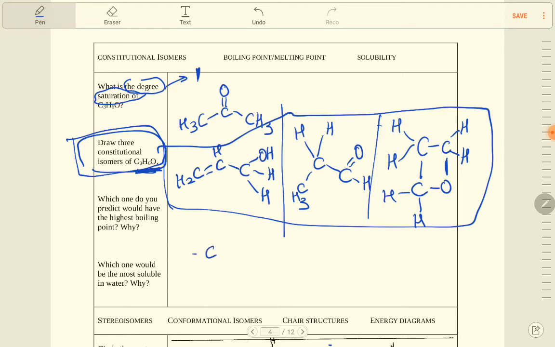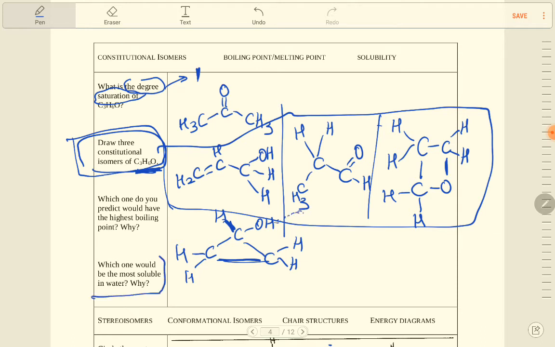So when you have H, C, OH, H, the OH basically makes hydrogen bonds. I would say that's why it has the highest boiling point, because one molecule joins with another molecule. That's intermolecular forces.